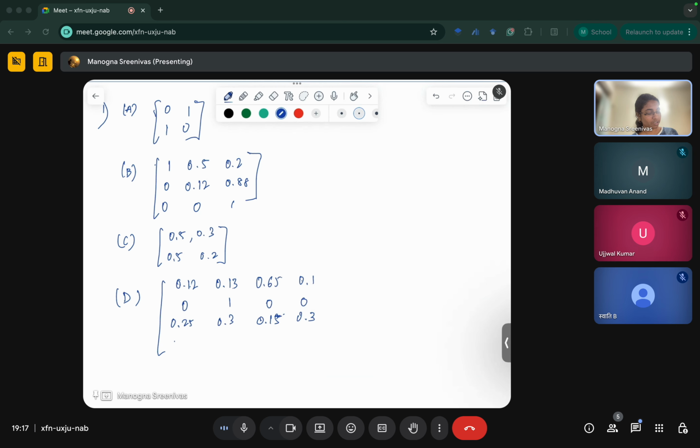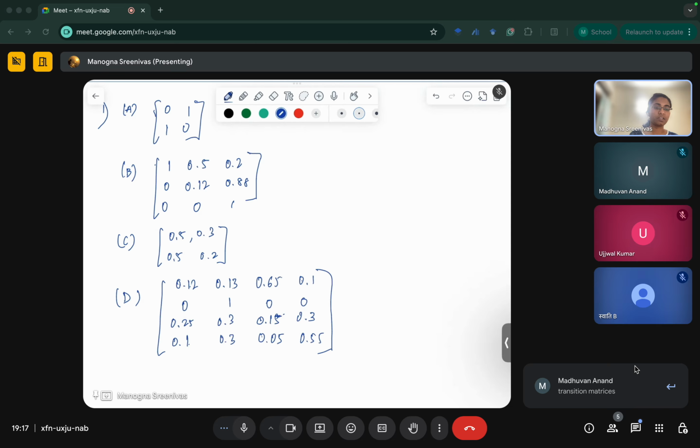So where did we discuss matrices today? Transition matrices, yeah.